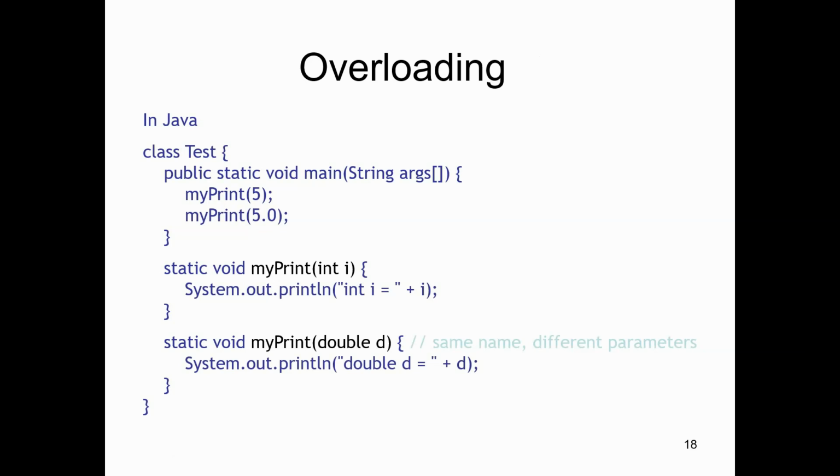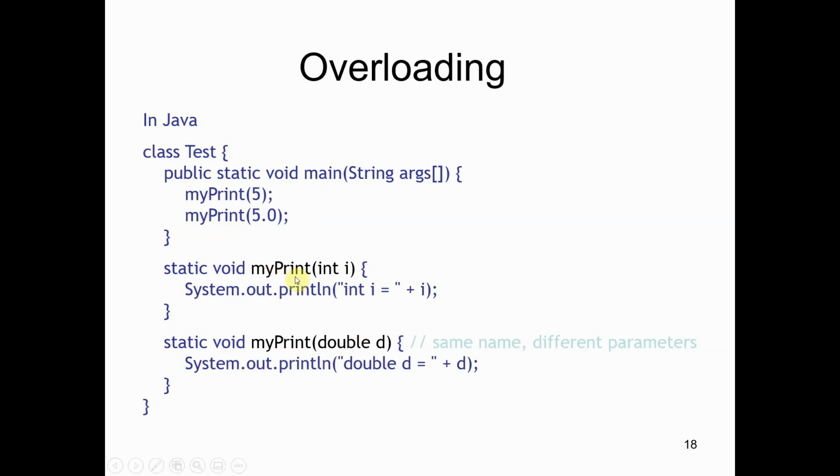So overloading is two methods with the same name. Here I give you an example: we have a myPrint, and these two myPrint are two different methods in Java because their parameter types are different. The reason we use overloading is that it gives the programmer the flexibility of using the same name.